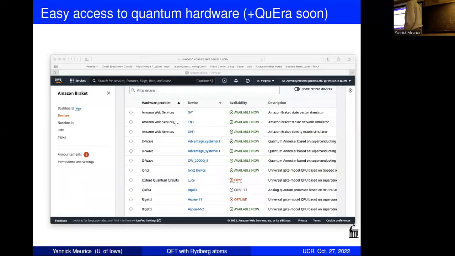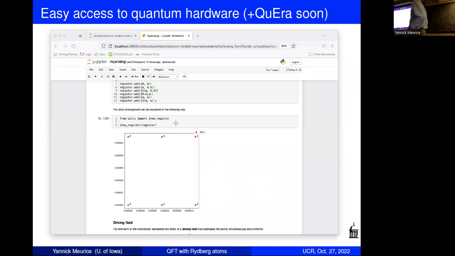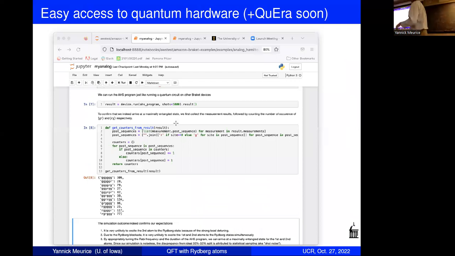And so AWS, at least for me and a few people, has a QuEra line, so you can click there, and then you can run a Jupyter Notebook that allows you to locate atoms wherever you want. Then you can decide the time profile for the omega and the delta, and then it will give you a histogram.